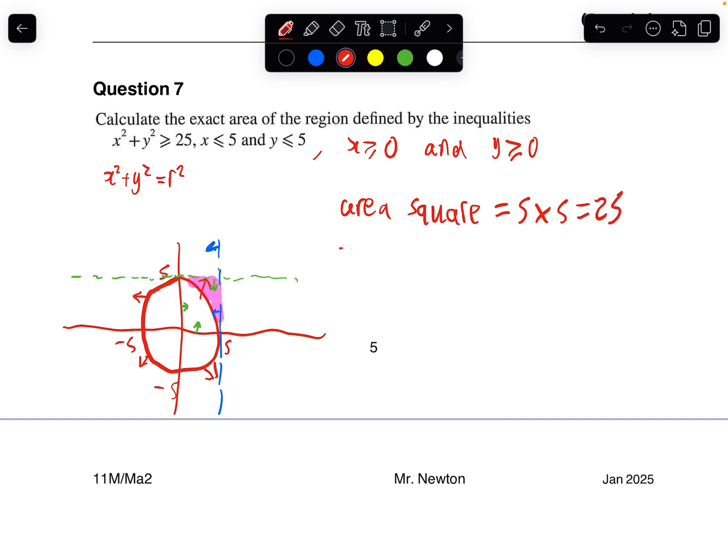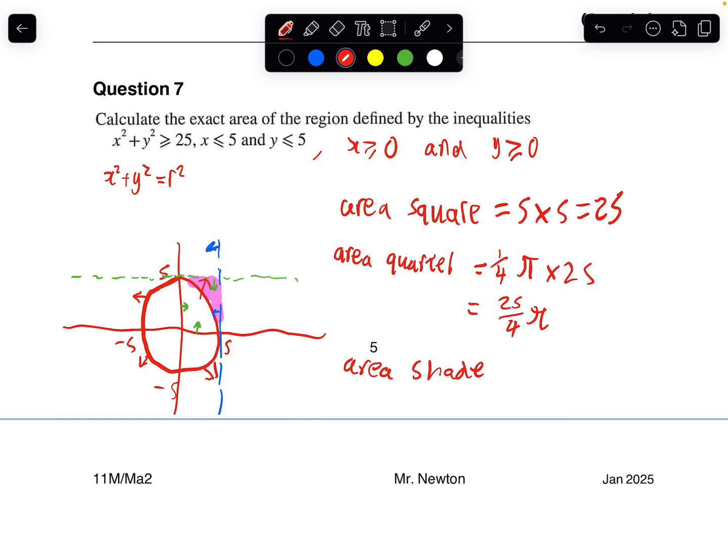Similarly, the area of the quarter circle is pi times r squared. We know that r squared is 25 already from before. So pi times 25, and a quarter of that is 25 over 4 pi.